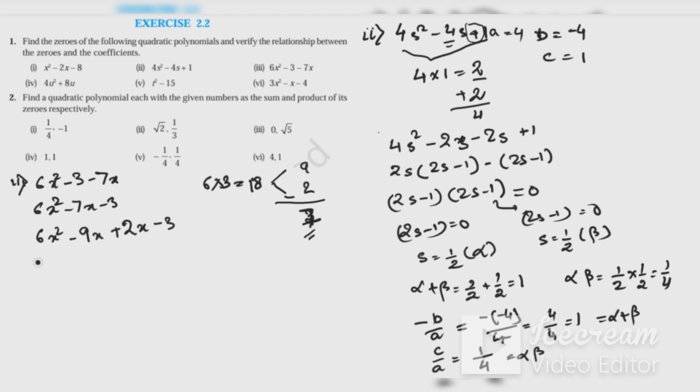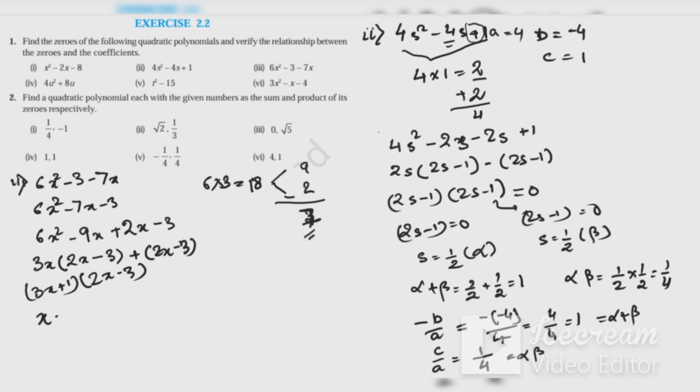Now taking 3x common, I will have 2x minus 3 plus 1 times 2x minus 3. So the factors I have are 3x plus 1 and 2x minus 3.